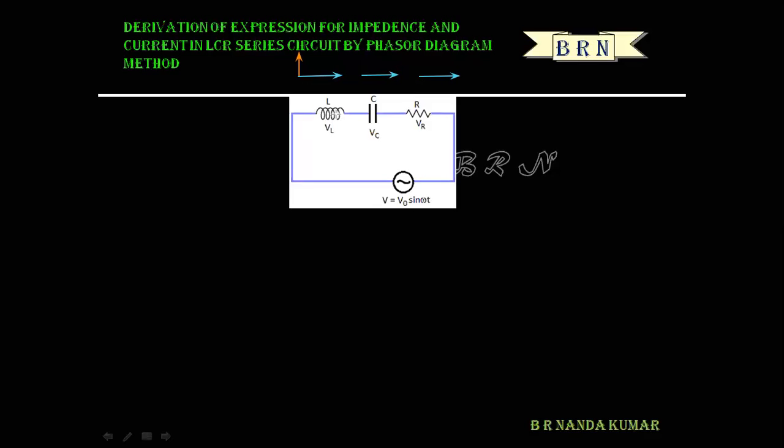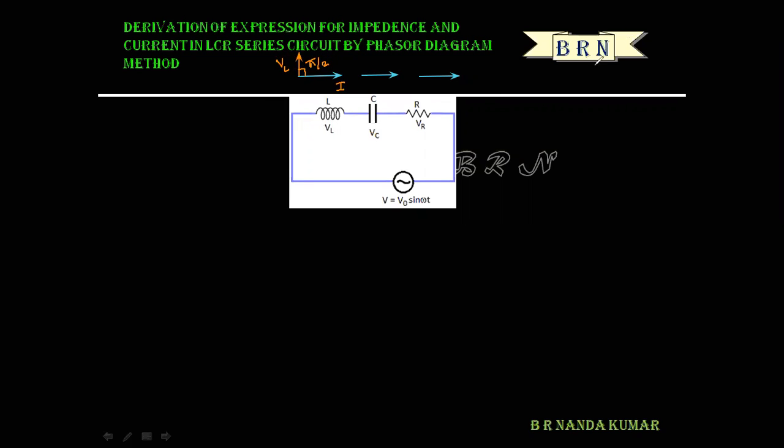This is the potential difference across L, so VL leads the current by an angle of pi by 2 radian.